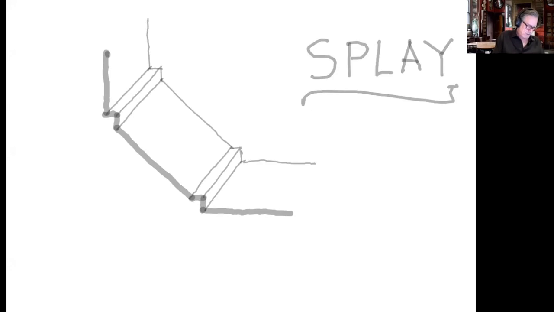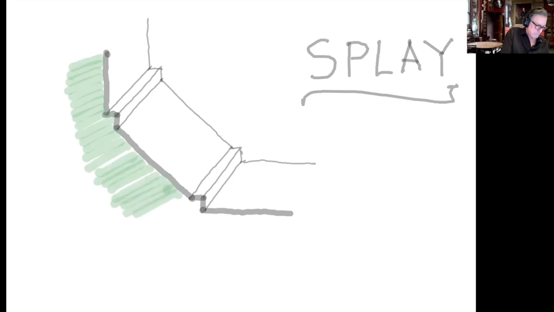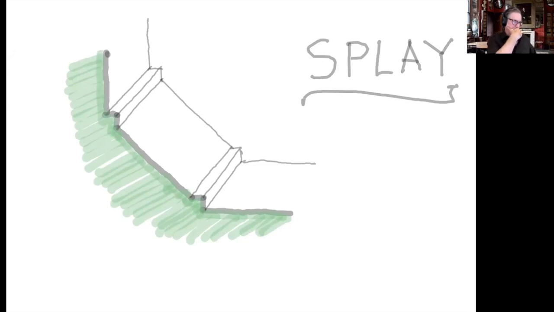And then use your pencil or pen and let's shade the solid part, which is over here. And that's the splay. You'll often hear people call it a splay face.